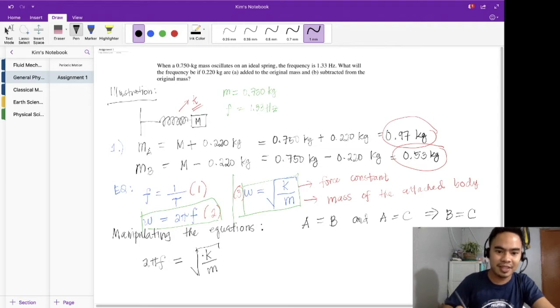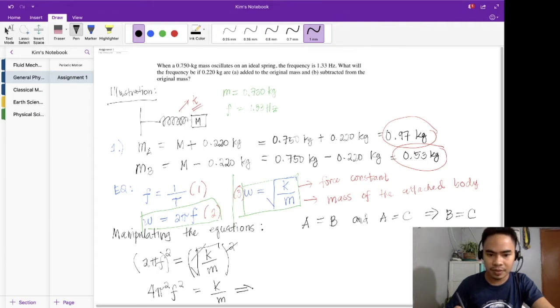In order to get rid of this radical sign, we have to square both sides, so you are left with 4 pi squared f squared equal to, the square root cancels out, k all over m.